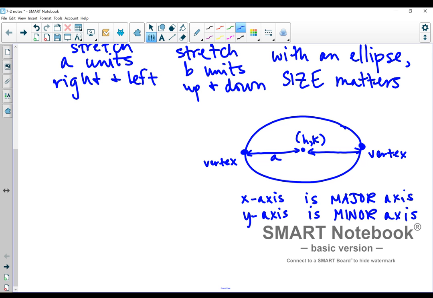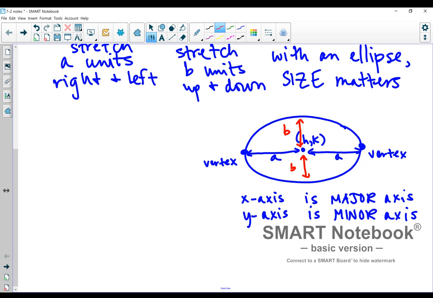So if this is a on both sides of my center, I told you that up and down would be that other number. So this is b, and this is b here. So that's our vertical number.